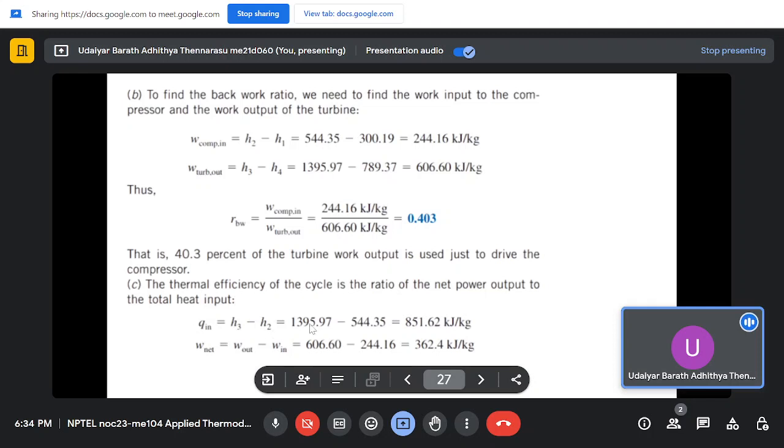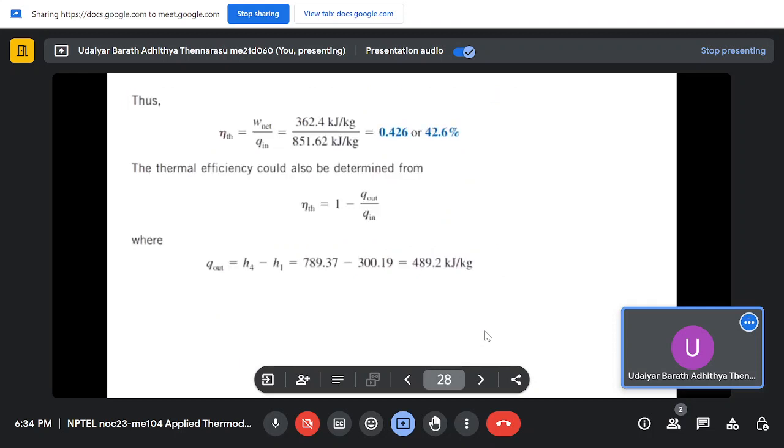So H3, 1395.97 minus 544.35, will give me 851.62 kilojoule per kg, and the net work output is 606.6 minus 244.16, which will give me 362.4 kilojoule per kg. And then we can find out the thermal efficiency as net work output by heat added. So W net by Q in will give me 362.4 divided by 851.62, which is 42.6%.